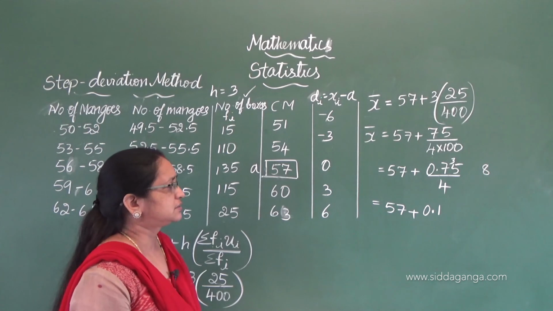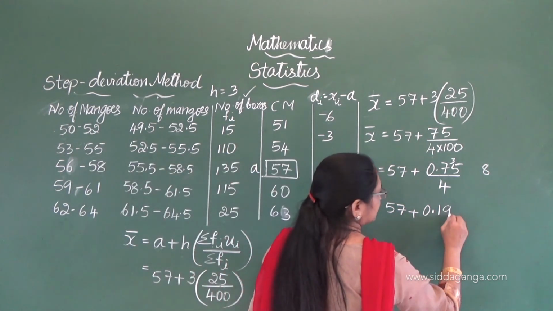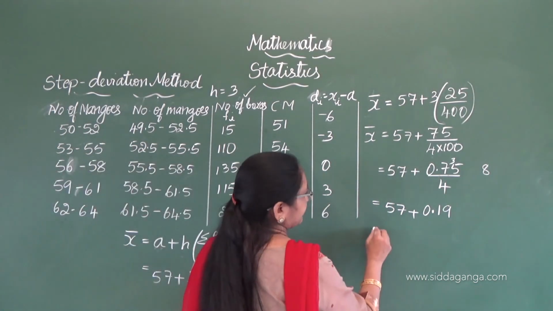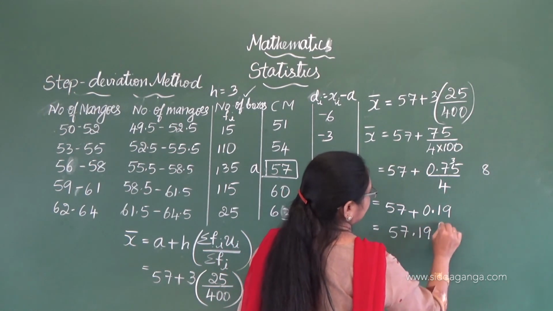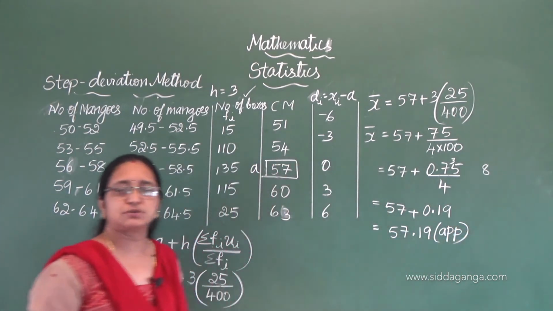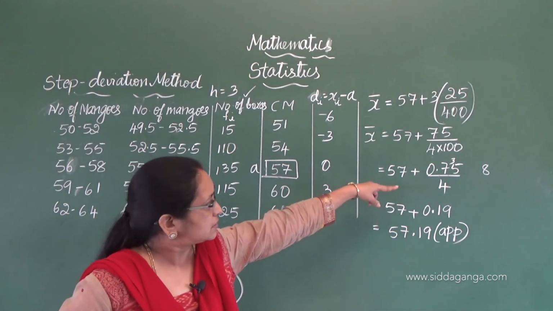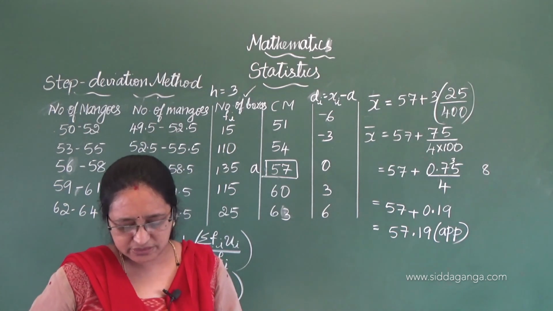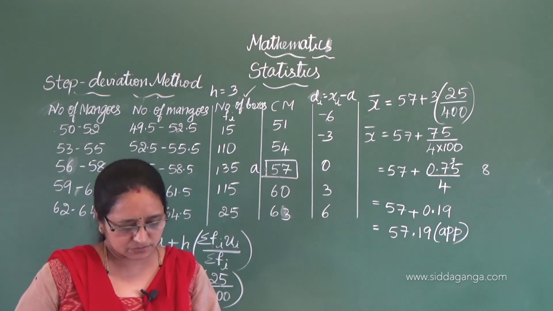So can I take 0.19 approximately? So this will be 57.19 approximately, or you might get 0.18 also. You better write approximate because the value is an approximated value. So finally we have 57.19 approximately.